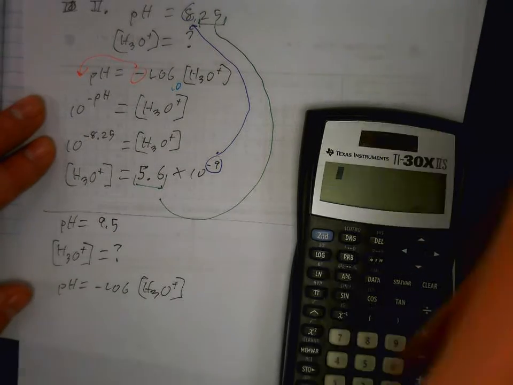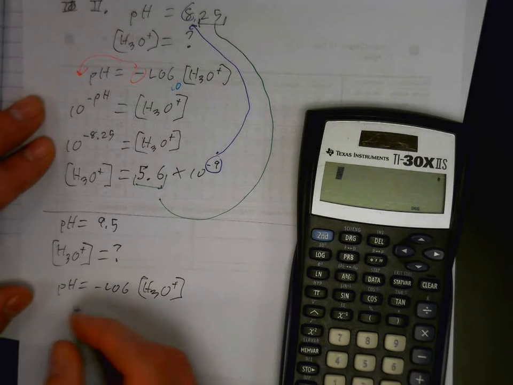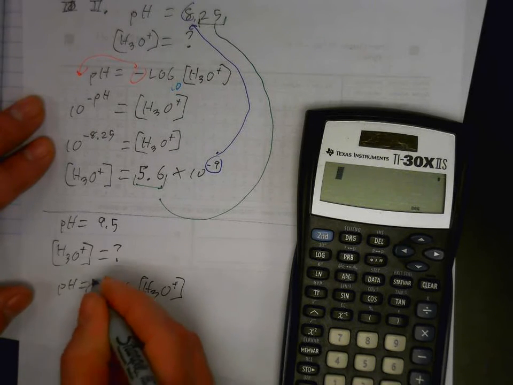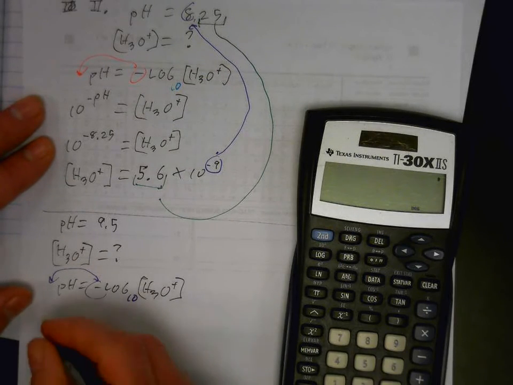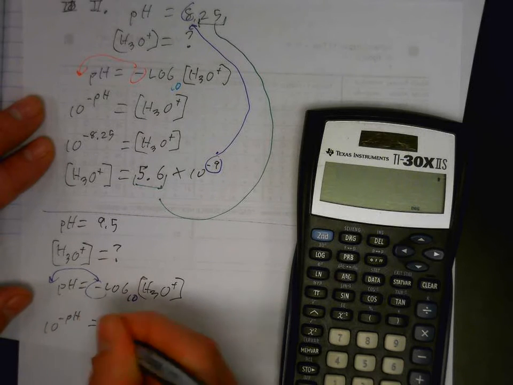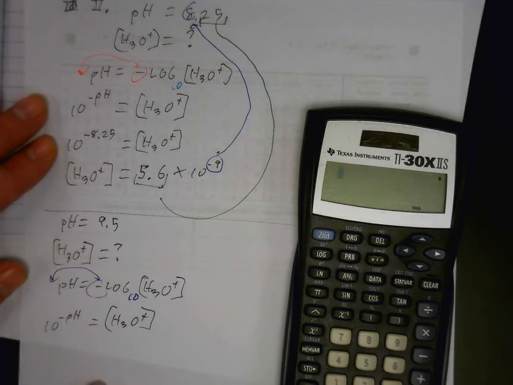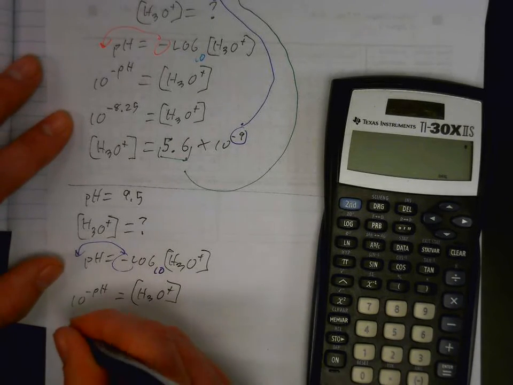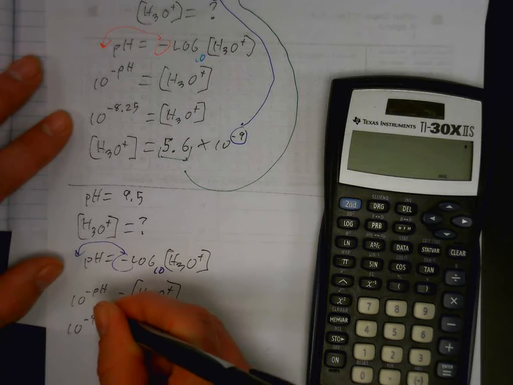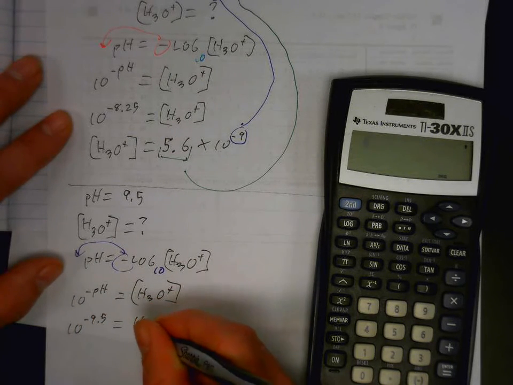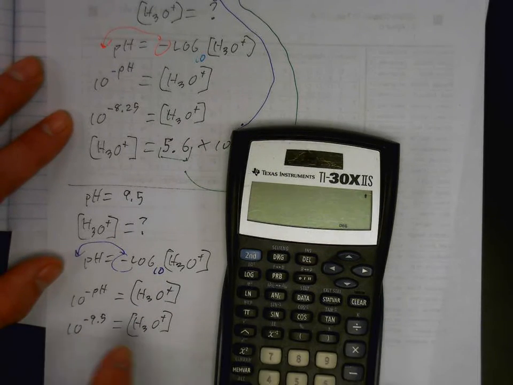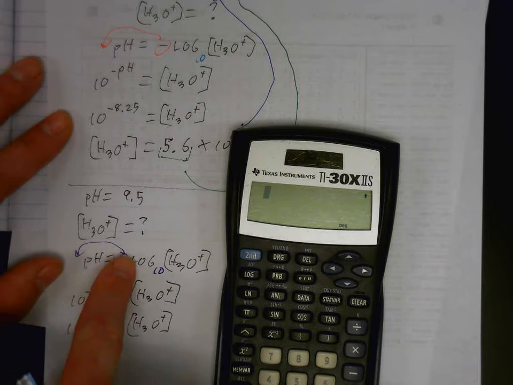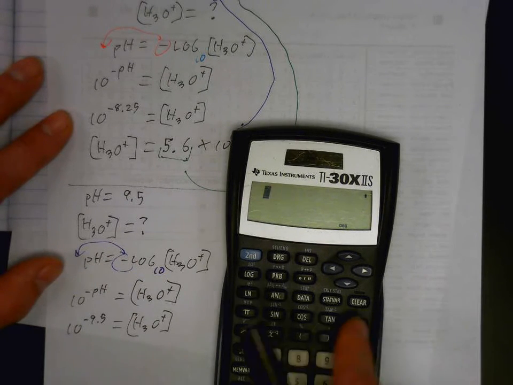Since we solve this in base 10, move that negative sign over, and we have 10 to the negative pH is the H3O plus concentration. 10 to the negative 9.5 is the H3O plus concentration. So we'll need to make that number negative based on the formula here as we put in the inverse log.